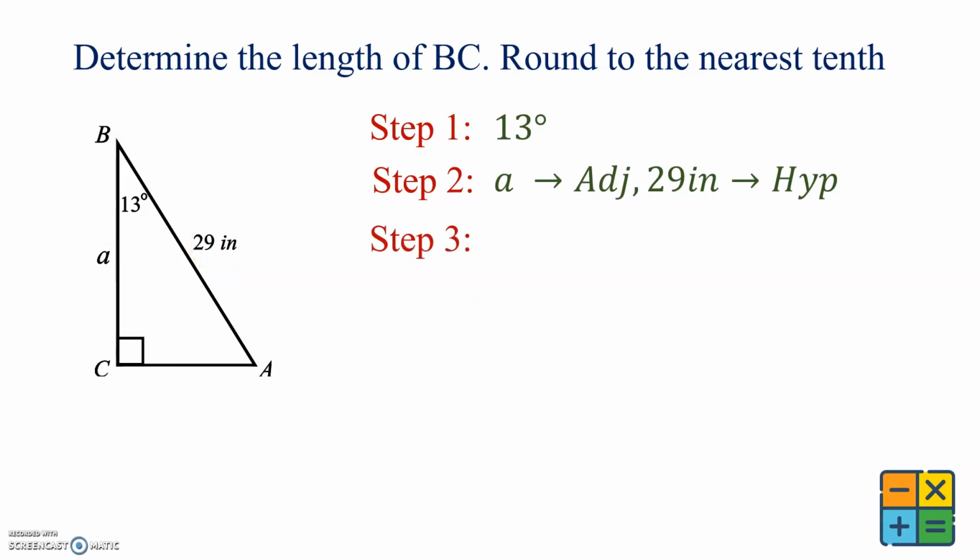So the next step says go ahead and create your two ratios. Well, we either can put adjacent over hypotenuse, which represents cosine, or we could have actually done hypotenuse to adjacent, which is secant. As recommended, we'll choose something that's a little bit more user-friendly, something that's on the calculator, cosine.